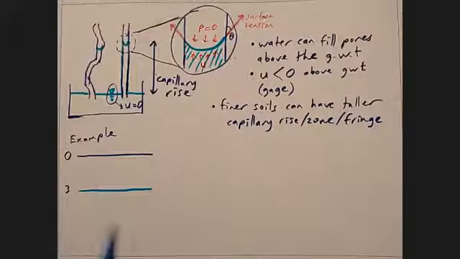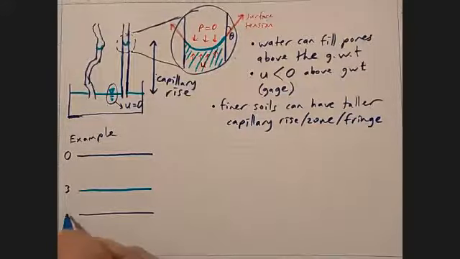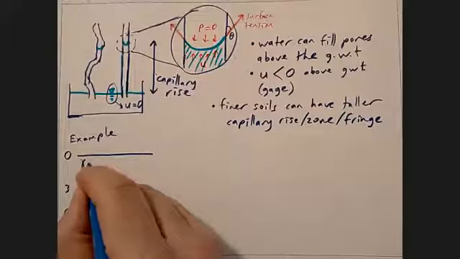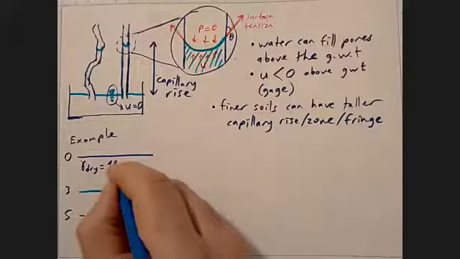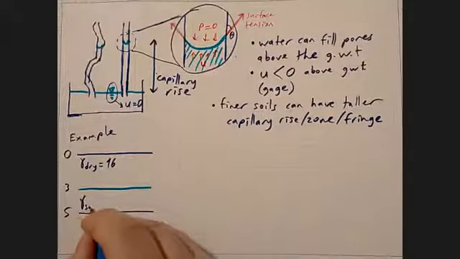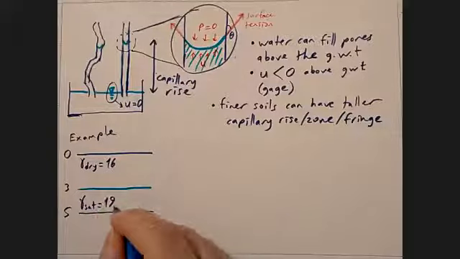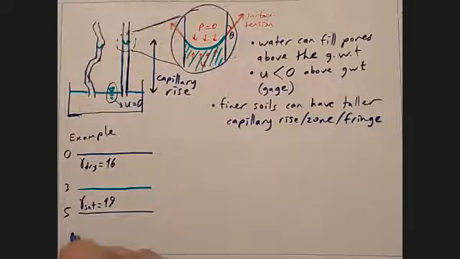And let's say we are going to again continue our calculations down to 5 meters. And let's say we have 1 meter of capillary rise. So I'm going to give gamma dry is again 16, gamma saturated is 19, and there is 1 meter capillary fringe.